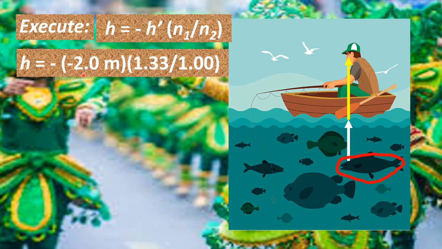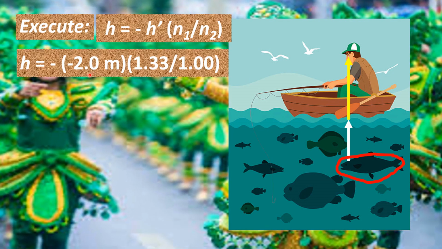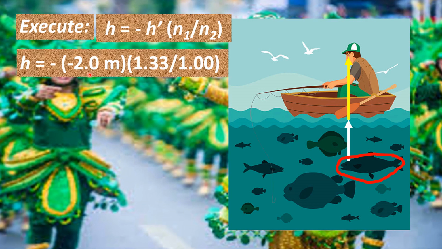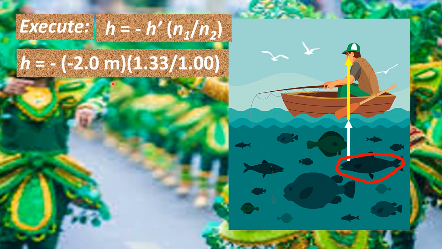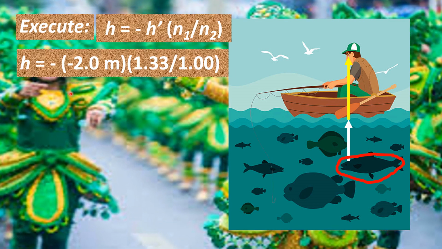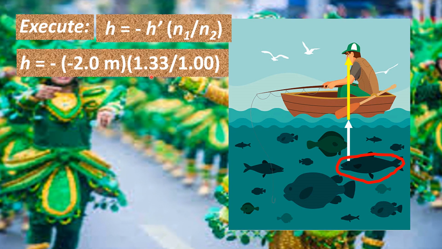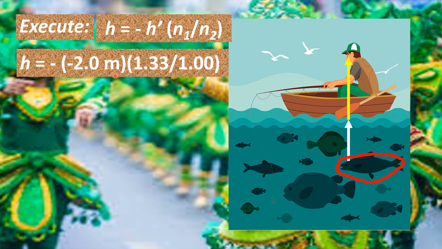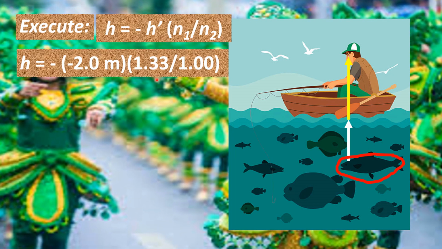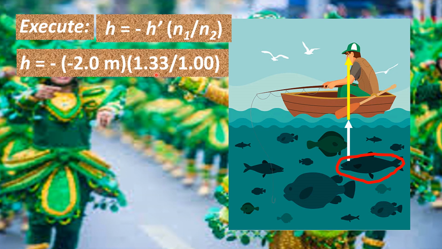H prime is negative because the image is a virtual image. So in short, we have a double negative in this equation. And that will be multiplied by the ratio of n1 over n2, or 1.33 divided by 1.00.